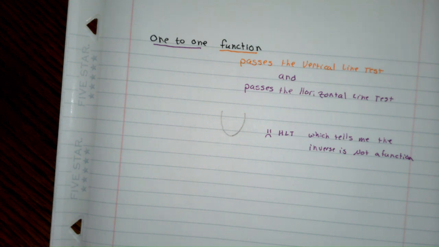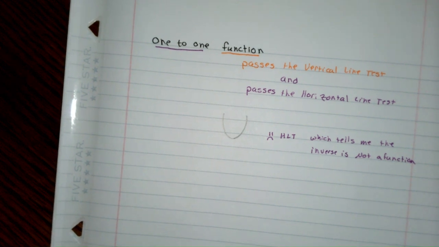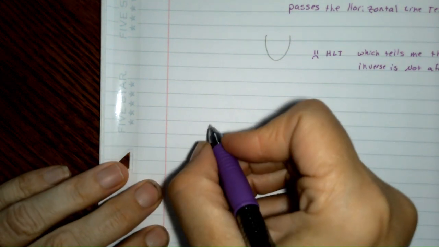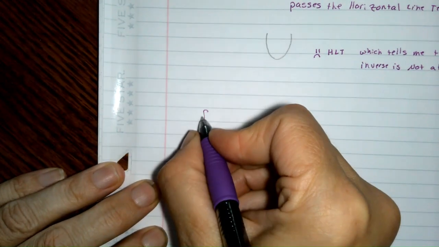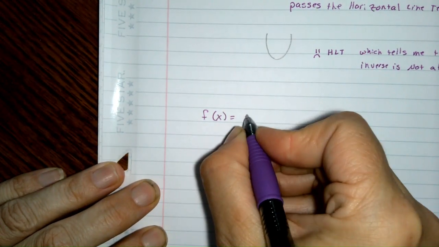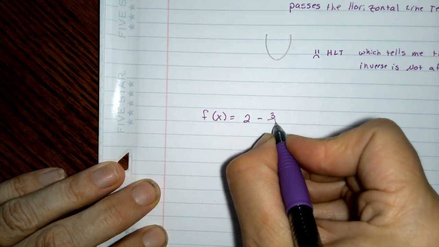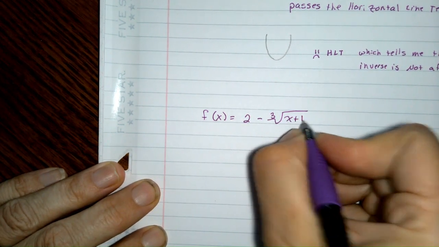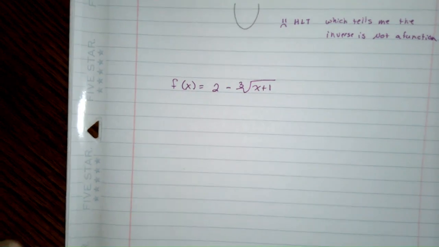Okay, so graphically, we can see it, we can do it. So let's find the inverse. F of x equals 2 minus the third root of x plus 1. Okay, first of all, this is a third root graph.